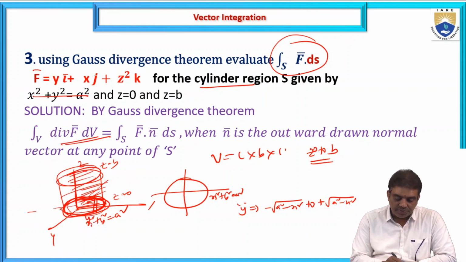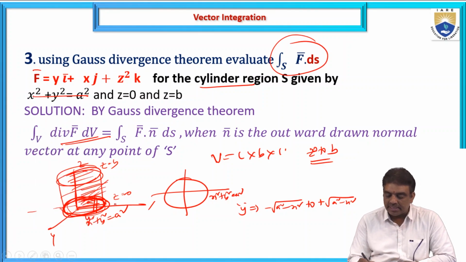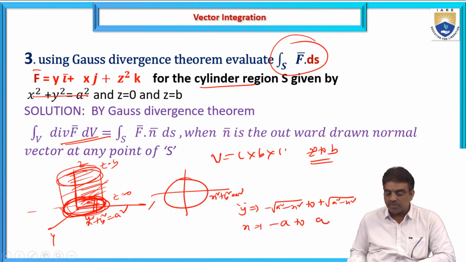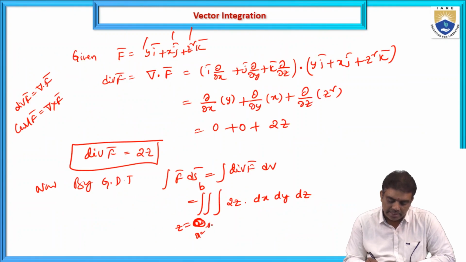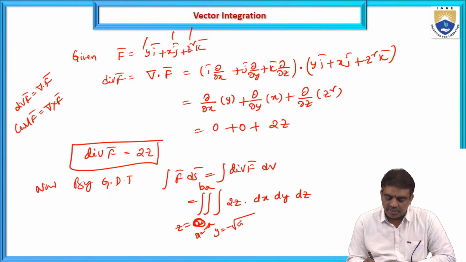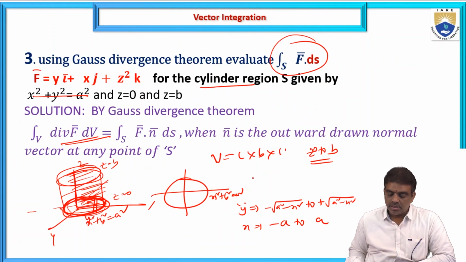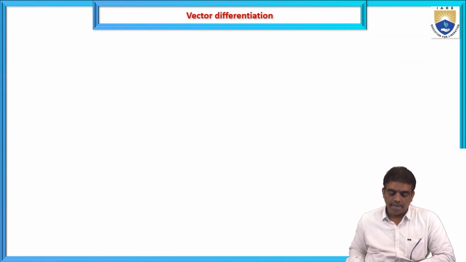But x varies from minus a to plus a. Now I am substituting the limits. X is minus a to a, y is minus square root of a square minus x square to plus square root of a square minus x square.